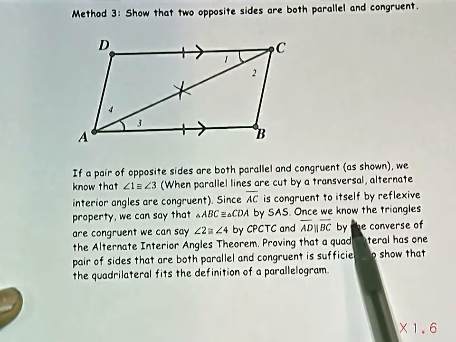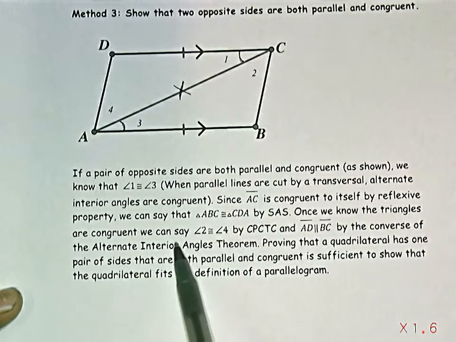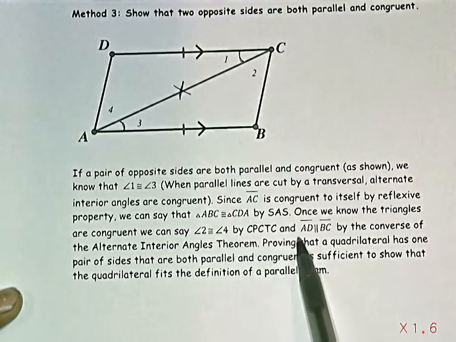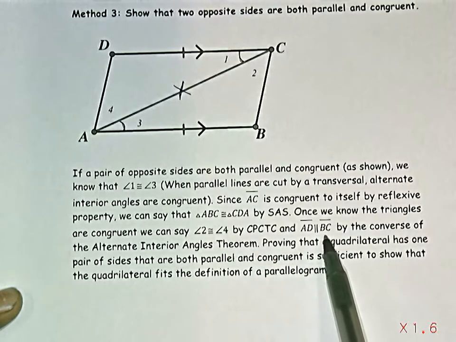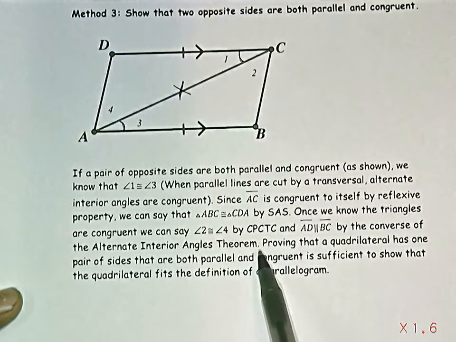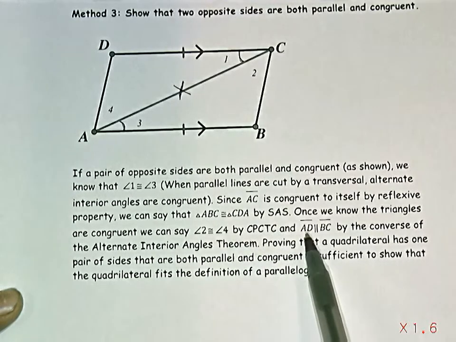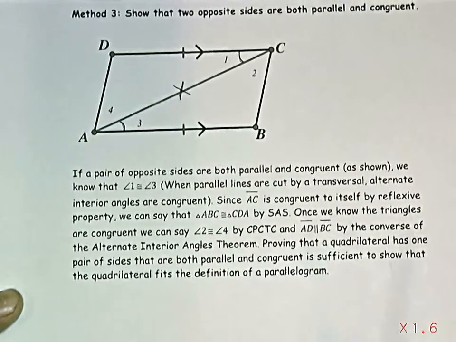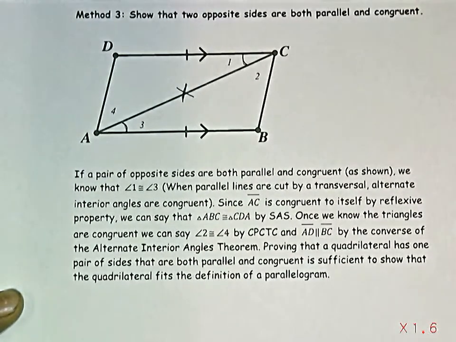Okay, once we know the triangles are congruent, we can say angle 2 is congruent to angle 4 by CPCTC, and segment AD is parallel to segment BC by the converse of the alternate interior angles theorem. So this is a good example of how reading all the way through a math sentence can sometimes be useless. So we want to chunk this a little bit and understand how this provides a logical sequence of things.